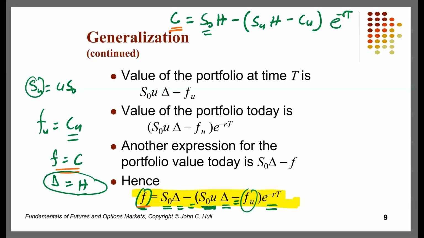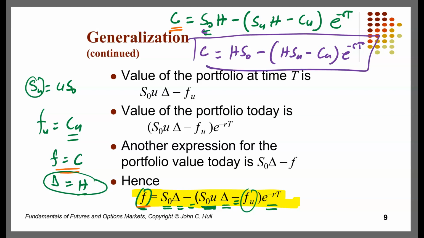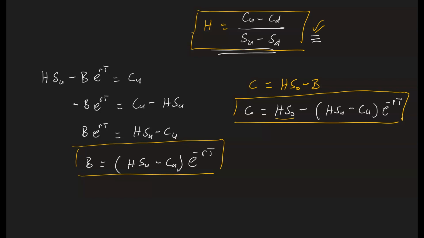Call is going to be equal to h S0, all I did is switch that over, minus h S up minus call up present value. And that's exactly what we have on our board: h S0 minus h S up, call up, present value. That's where that expression comes from.